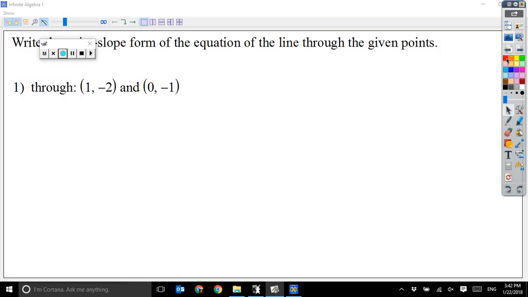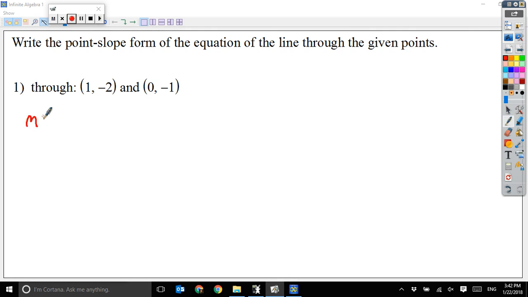Our first problem says we're trying to find the slope form of the equation of the line going through these two given points. So I need to find the slope first. My slope formula is y2 minus y1 over x2 minus x1.